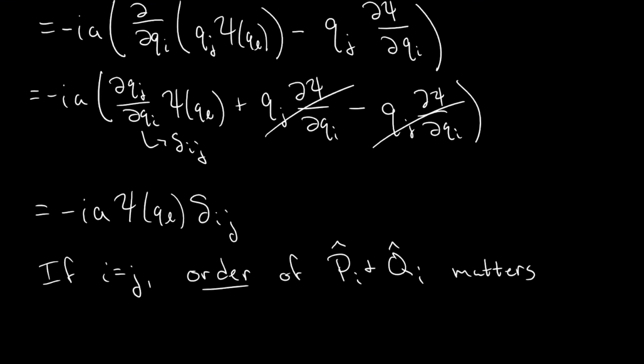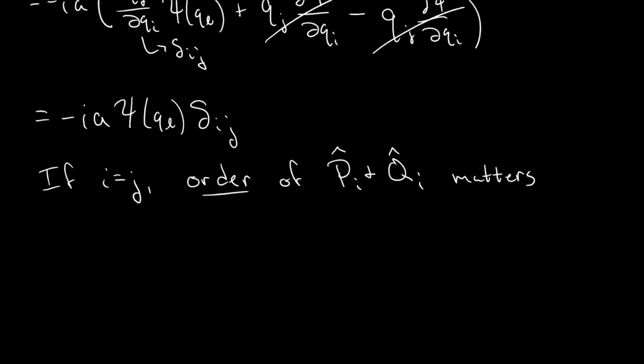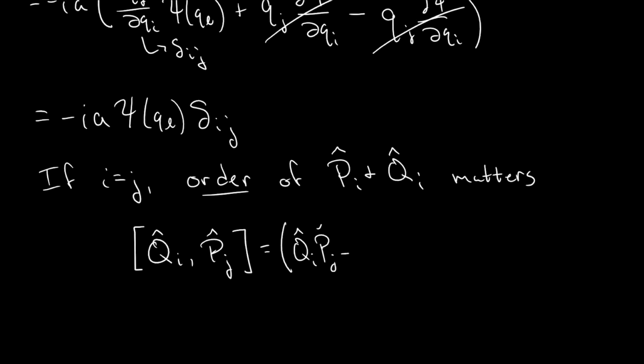Okay. So we're going to give this relation a name, and in particular, we'll define this guy as q hat i p hat j minus p hat j q hat i, which is minus iħ delta ij in our case.